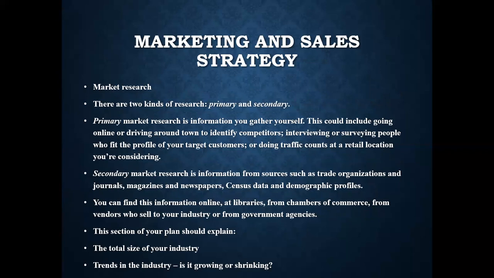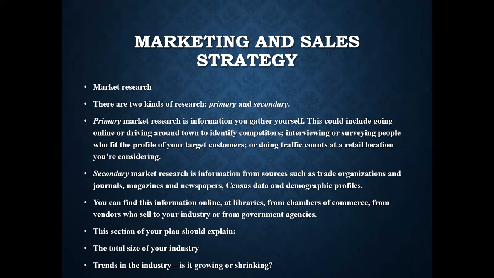So let's now talk about marketing and sales strategy. In particular, let's talk about market research. There are two kinds of research, primary and secondary. Primary market research is information you gather yourself.